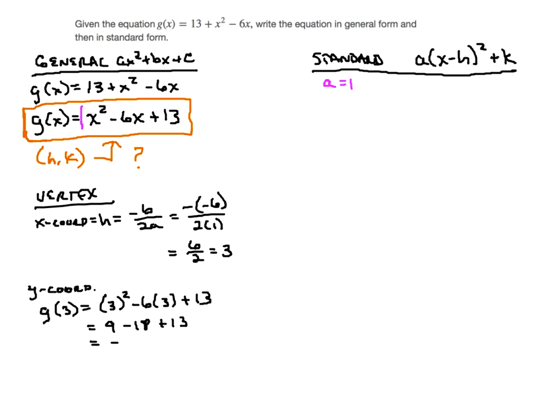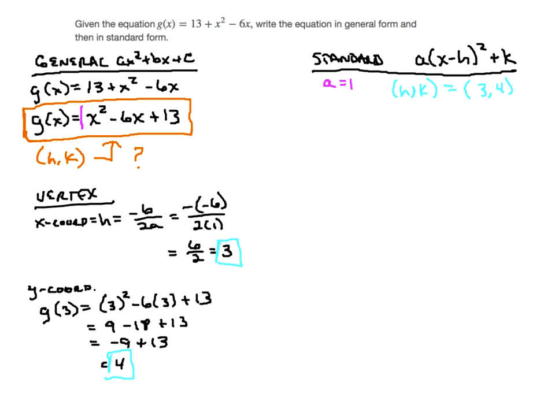That's 9 minus 18 plus 13, which is negative 9 plus 13, which is 4. Okay, so I have my H, I have my K, so HK is equal to 3, 4.